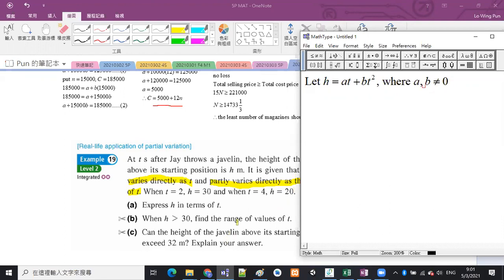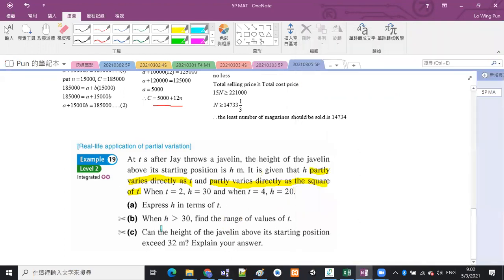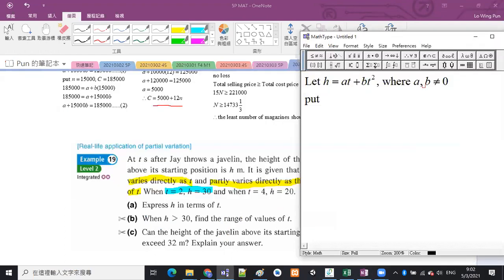Okay, and then we need to find two groups of numbers from the question to set up two equations. But it is very clear that the first group of number is t equals 2, h equals 30. So we put t equals 2 and h equals 30 into our equation. So 30 is equal to a times 2 plus b times 2 squared. Simplifying each term first is equal to 2a plus 4b.